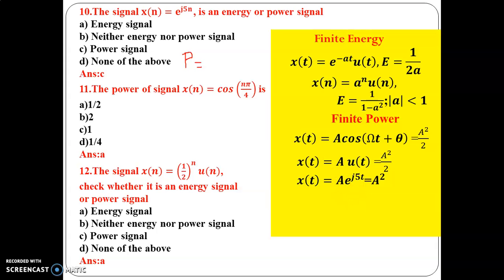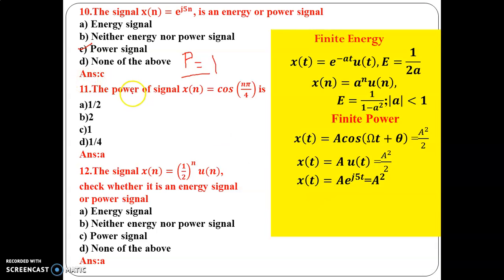Based on this, in place of a, what do you have? 1. So 1 square is equal to 1. So the value of power P is equal to 1. The signal is said to be a power signal. So option C is right. Don't get confused. Here it is t, so it is said to be continuous. For both continuous and discrete, the case is same.